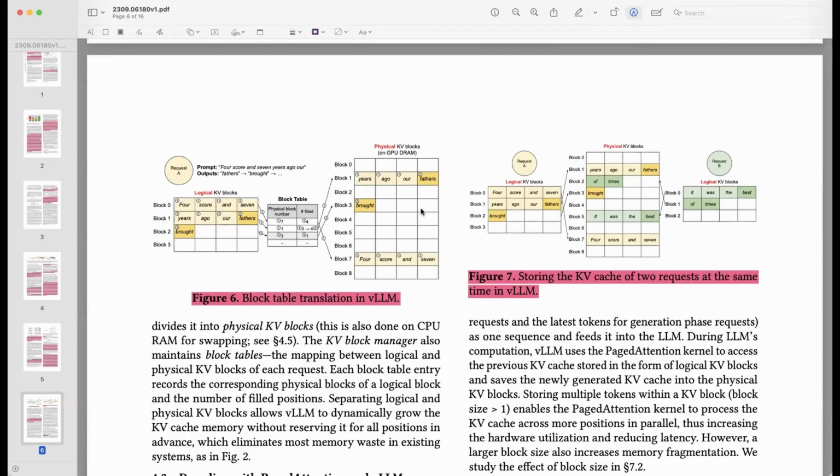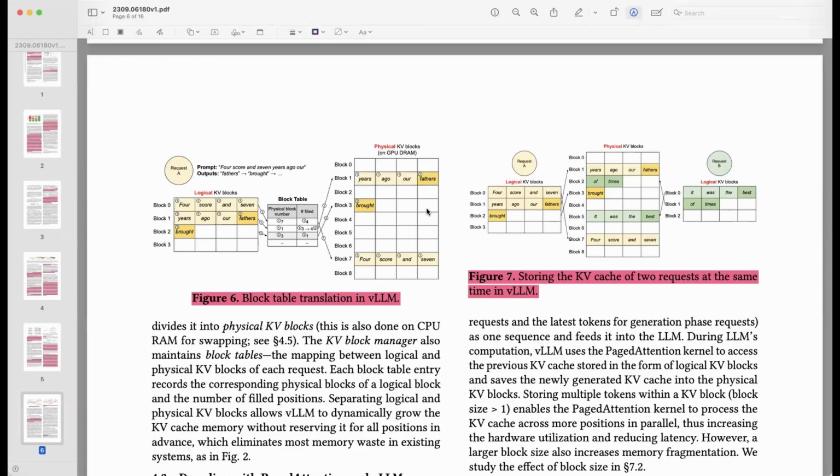There's one really important thing here. You need to choose your block size correctly. If you choose too large a block size, then you increase your internal fragmentation, and you also can't share. Let me talk about that when we go down, but you can also share the KV cache with other requests. So you reduce the amount of sharing of the KV cache between requests.